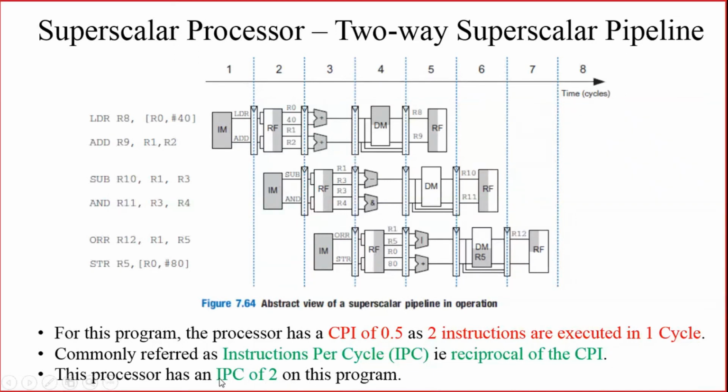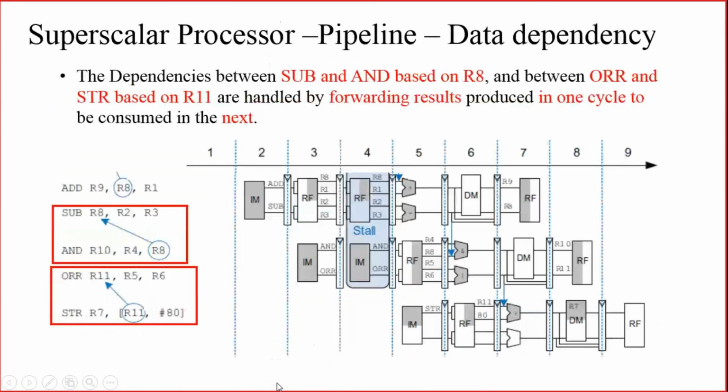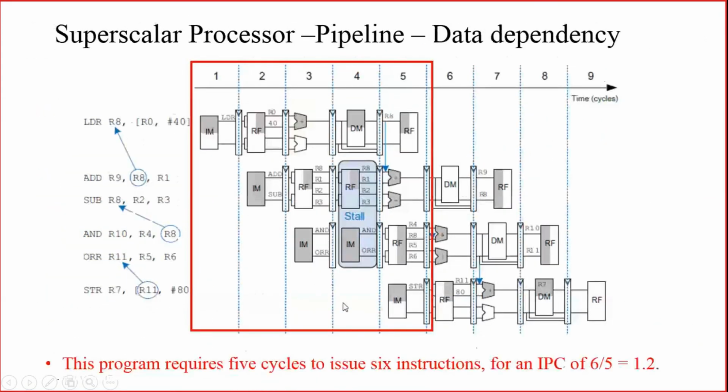So that is how IPC is calculated as 2. But due to the data dependency problem, in this case 6 instructions were issued in 5 cycles, so 6 by 5, instructions per cycle will be 1.2.